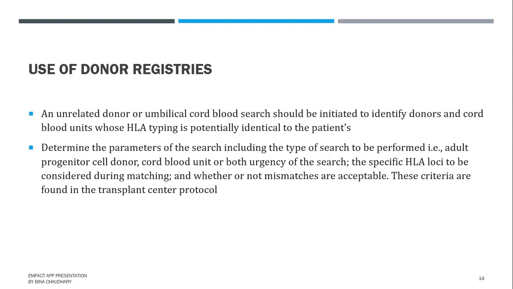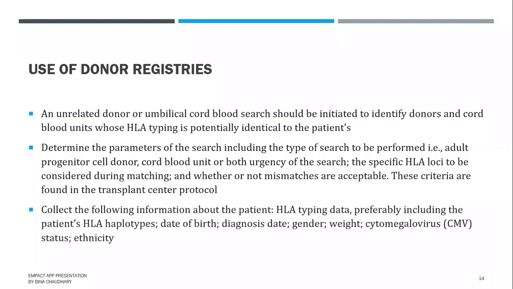These criteria are found in the transplant center protocol. After that, they will collect the following information about the patient: HLA typing data, preferably including the patient's HLA haplotypes, date of birth, diagnosis date, gender, weight, CMV status and ethnicity.